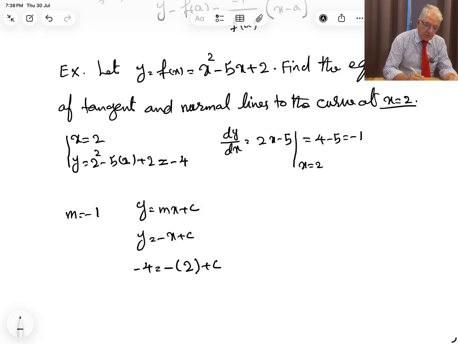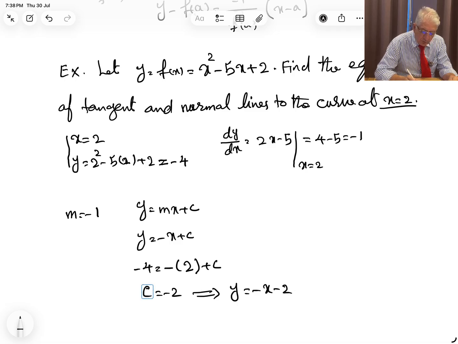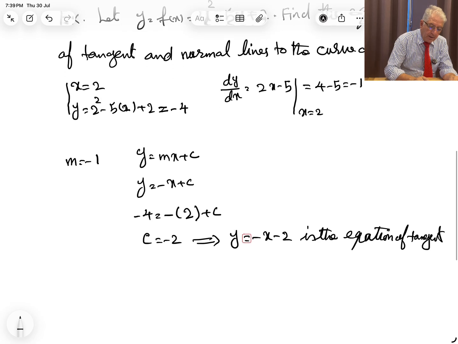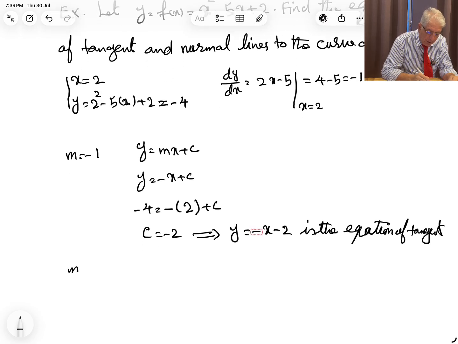So the c will be also negative 2. So from here I can say y equal to negative x minus 2 is the equation of tangent. Now, m prime will be equal to negative 1 over m.